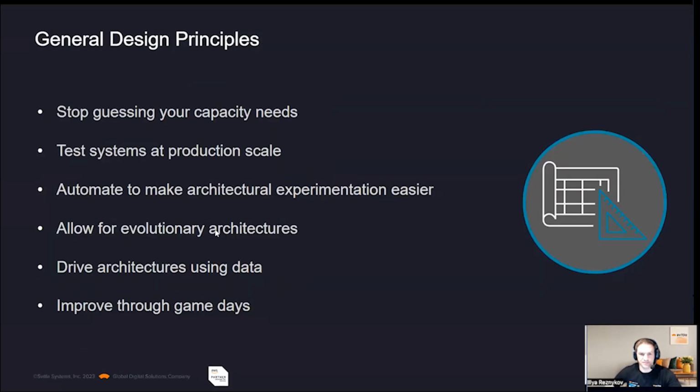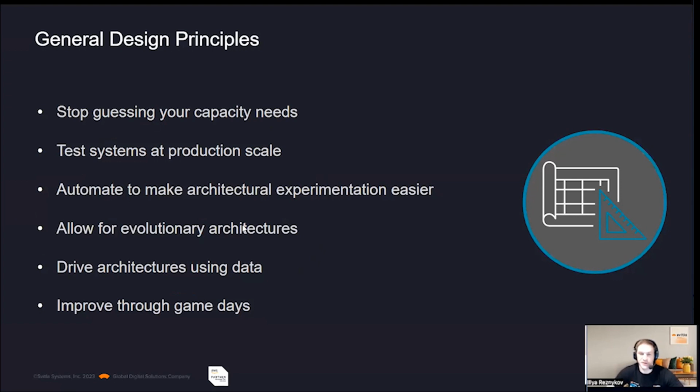Okay, thank you. The next thing I'd like to mention is that, besides best practices and design principles being split into pillars, there are some general design principles. I guess most of you are familiar with the benefits of cloud computing services.